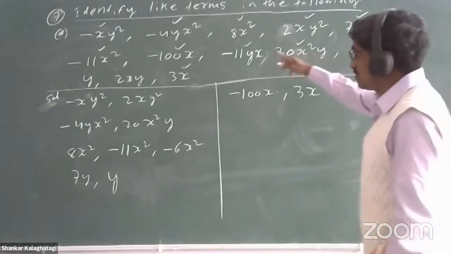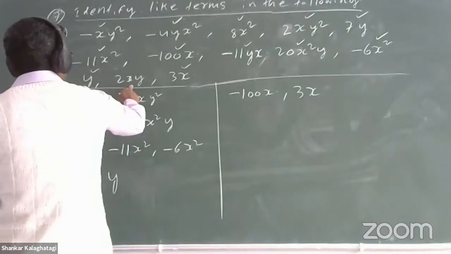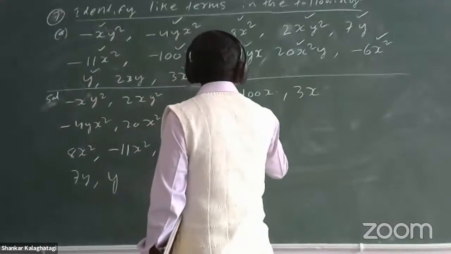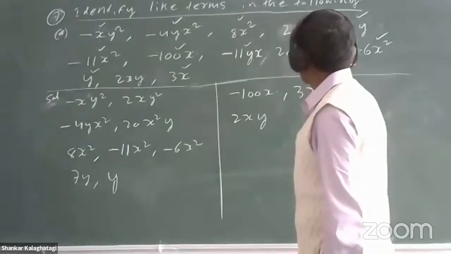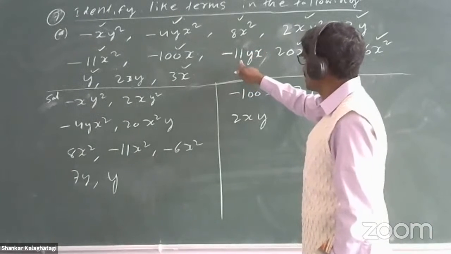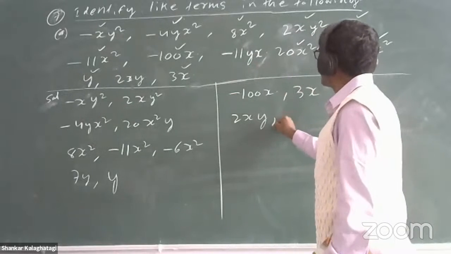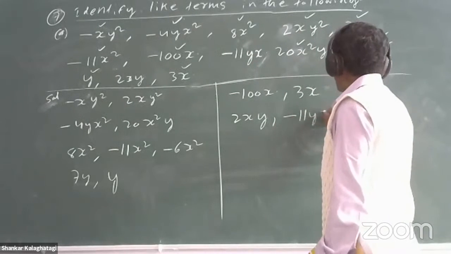Now this one also we have completed. Only xy. Okay. 2xy. And here also, actually by mistake I have ticked it. This is xy only. Yx or xy, same. So this is -11yx.